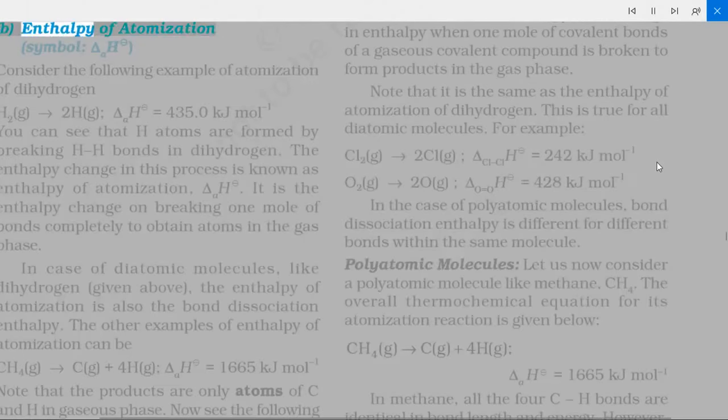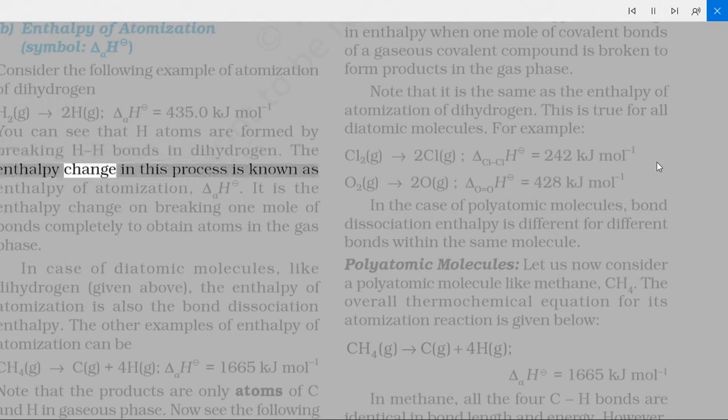B. Enthalpy of atomization, symbol ΔaH. Consider the following example of atomization of hydrogen: H2(g) → 2H(g), ΔaH = 435.0 kJ/mol. You can see that H atoms are formed by breaking H–H bonds in hydrogen.